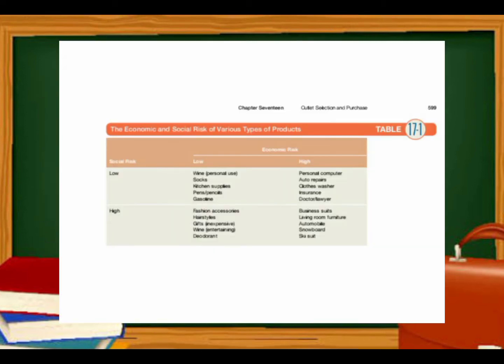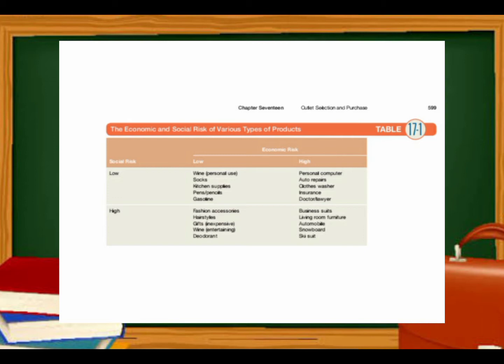As you can see, Table 17.1 shows that socks and gasoline are low in economic and social risk, while hairstyles and small gifts are low in economic risk but high in social risk. Other products, such as personal computers and auto repairs, are low in social risk but high in economic risk.